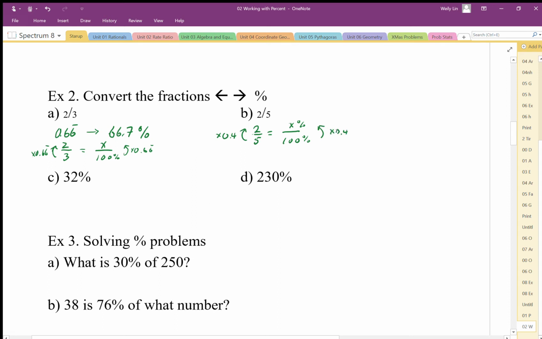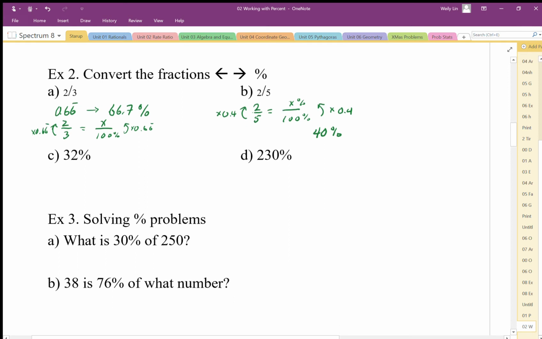Okay, that's 0.4. Okay, that 0.4 represents 40%. Okay, so this is 40%. Okay, so we can divide and come up with our decimal multiplier and convert to percentage. Make sure we can put it in a proportion.